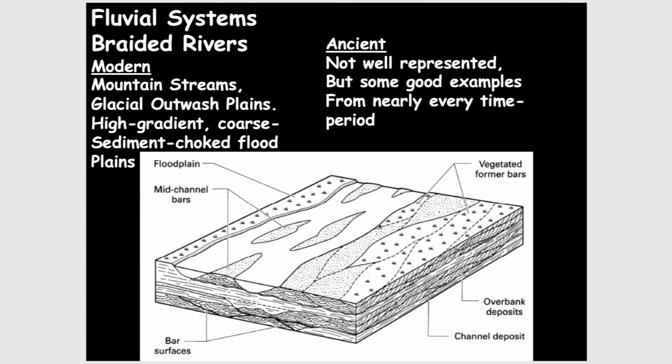Other things that are key and well exemplified in this diagram, I think, is the cross stratification. So you see you have phases of variable energy, so you alternate between planar beds and situations in which you have cross strata forming.